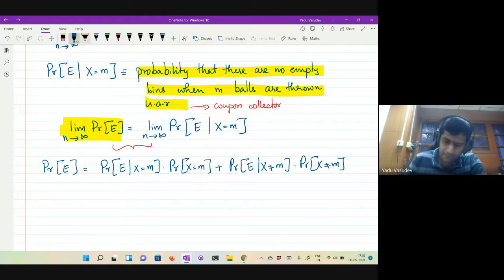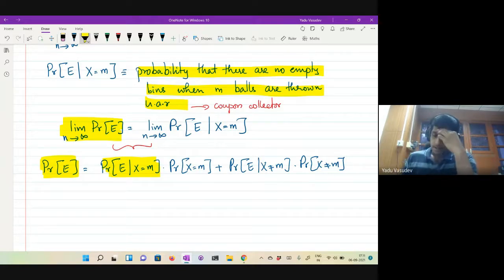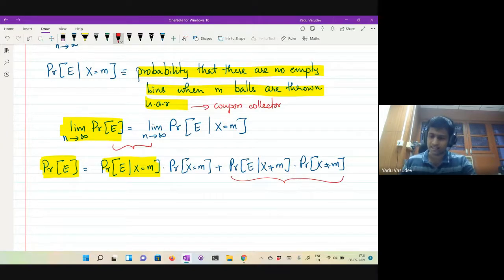If we are interested in this quantity, we need to somehow find a relation between the probability of E and the probability of E given X is equal to m, correct? Now what we want to say is that this term is not going to be very large, and therefore the probability of E is somehow going to relate only to the probability of E given X is equal to m.